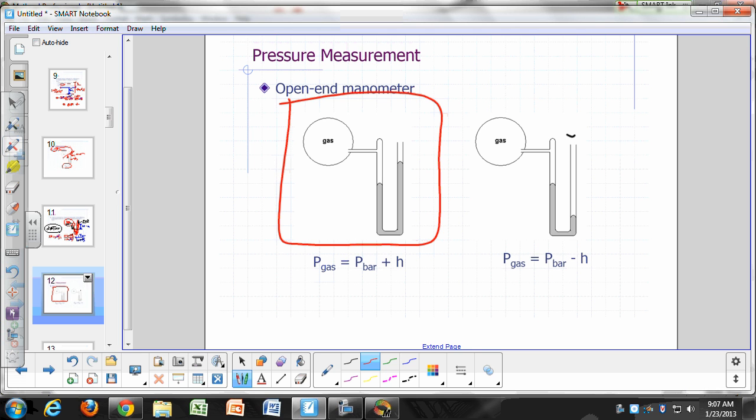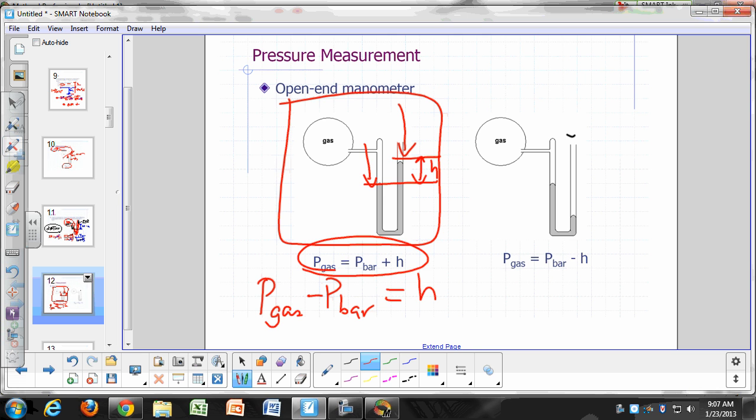It's higher. It's pushing down farther, right, than the atmosphere. So that difference between the pressure of the gas and the barometric pressure is whatever this height is of the mercury column. So in this case, the pressure of the gas is the barometric pressure plus the pressure due to that height of mercury column.